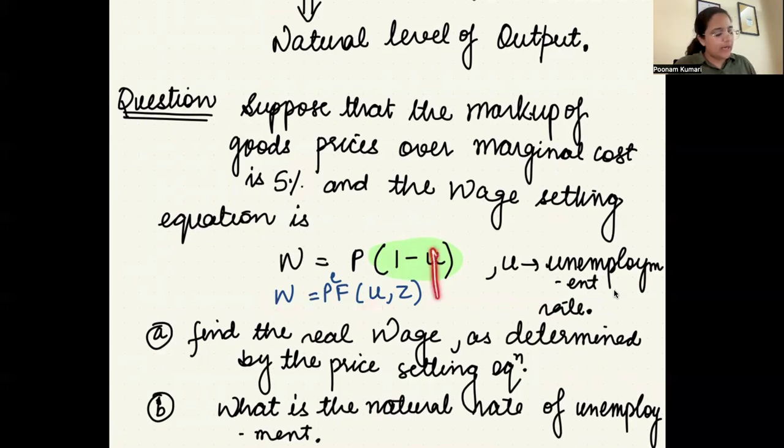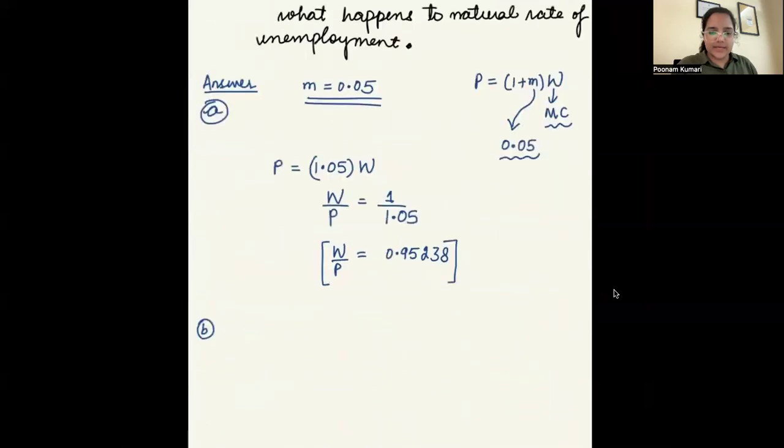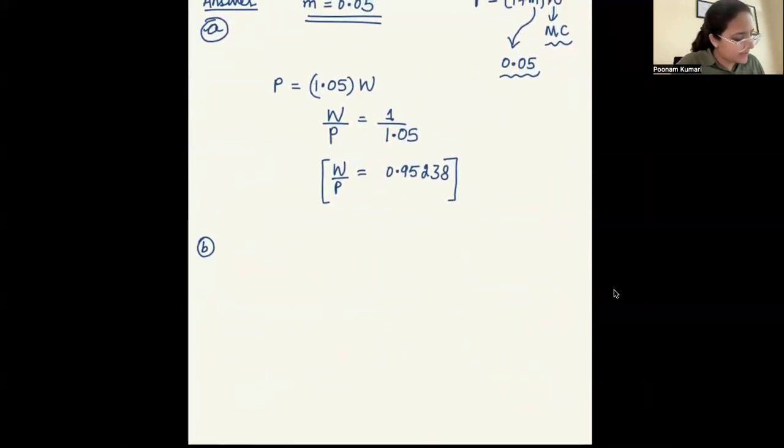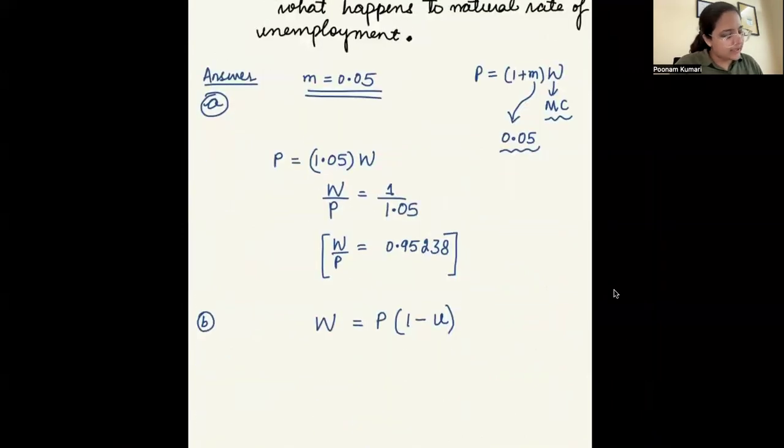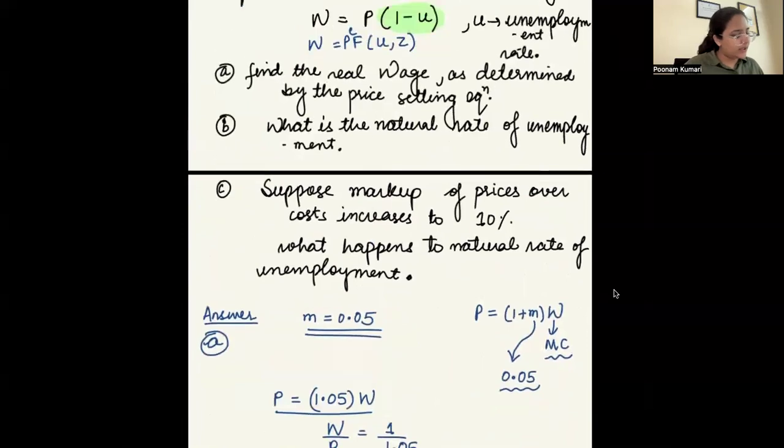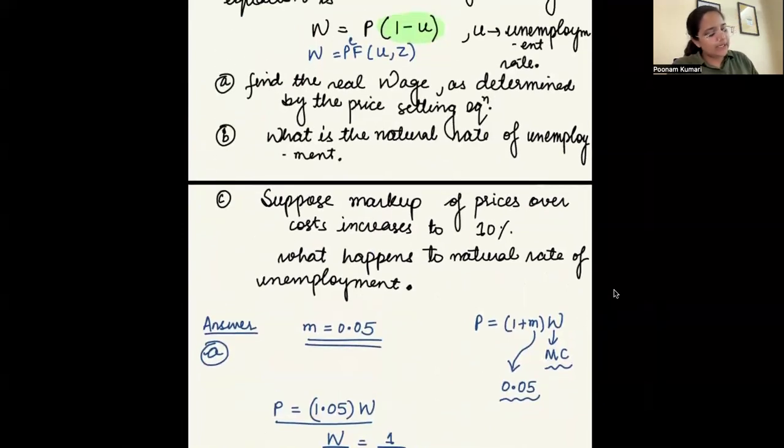So when the unemployment rate increases, this value will decrease, so we need a negative relationship. So my relationship here is W is equal to P times 1 minus U. This is my wage setting relationship. And my price setting relation is this. Okay, so the question being asked is, what is the natural rate of unemployment?